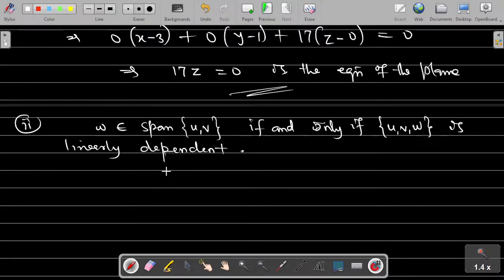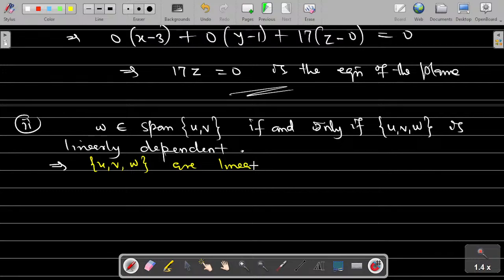From the hint they have there, they said if W is in the span of U and V, it implies that W can be written as a linear combination of U and V. And if that is true, that means they are linearly dependent, of course. Which implies that U, V and W are linearly dependent.